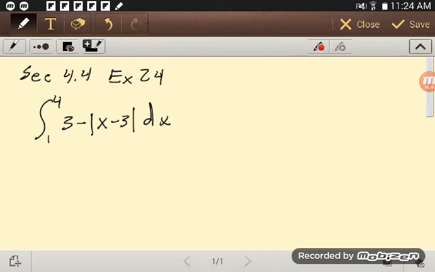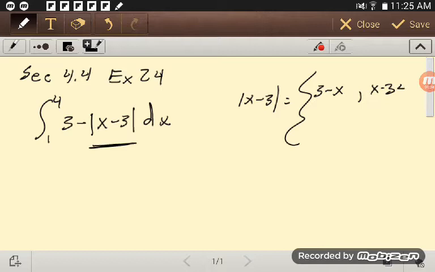Well, so to get this one and get the antiderivative, I actually need to think about this absolute value. And so we have the absolute value of x minus 3 is equal to, well, it's the negative of that, so it's 3 minus x whenever x minus 3 is negative. Okay, so when x minus 3 is less than 0.